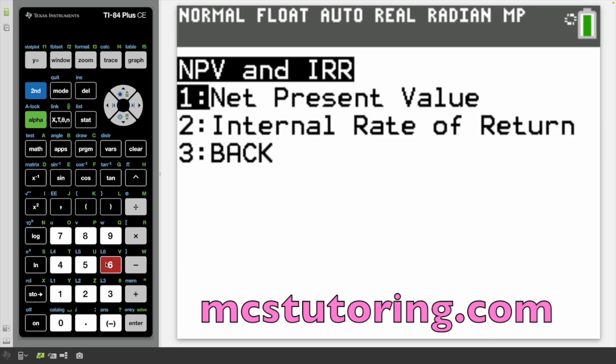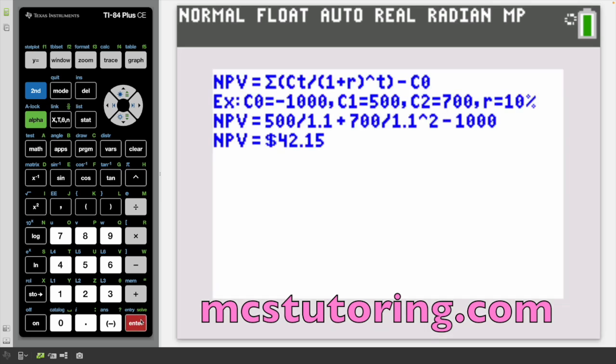So let's go NPV and IRR. So net present value and internal rate of return. So net present value, we've got the sum of C sub T divided by 1 plus R raised to the T, minus C sub O. C sub O is like C at time 0, I believe. So C sub O is negative $1,000. C1 is 500. C2 is 700.